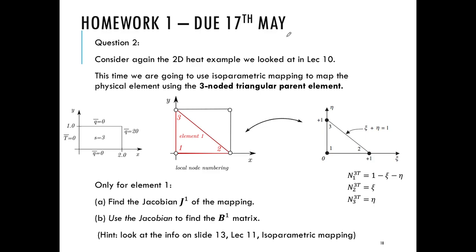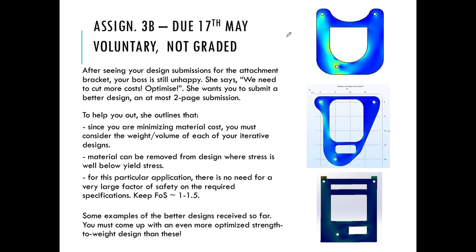Finally, I just have a short discussion about assignment number 3. As I've already mentioned on the group, I am sending out individual feedback to every student, but it seems to me that a few of you have done a great job at finding an optimum solution, but some of you have not really performed an optimization at all.